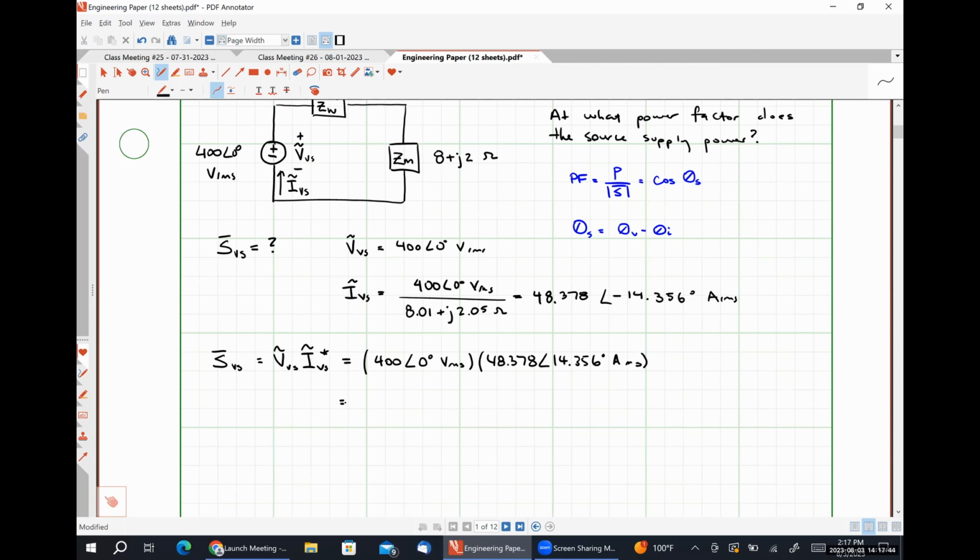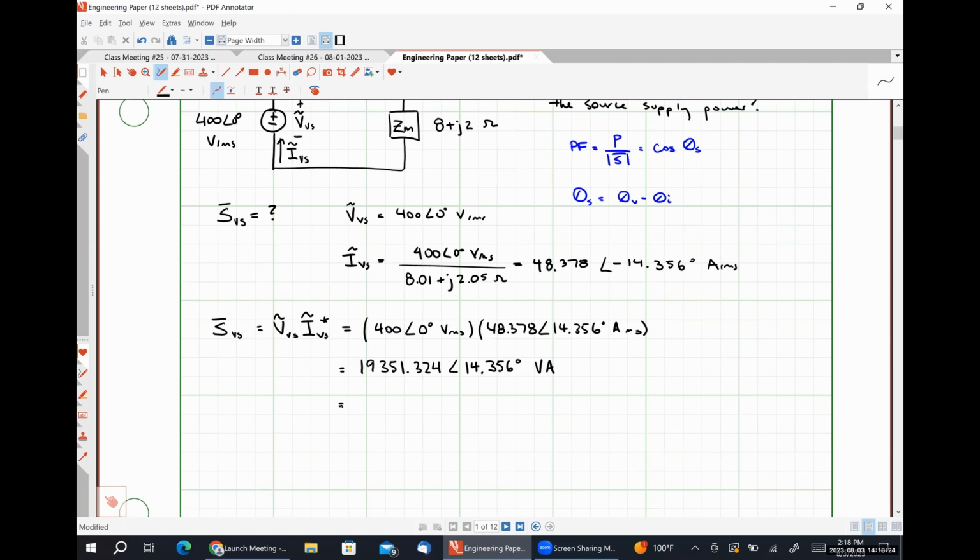And if I throw that into my calculator real quick, I get 19,351.324 with an angle of positive 14.356 degrees, and this would be in volt amperes.